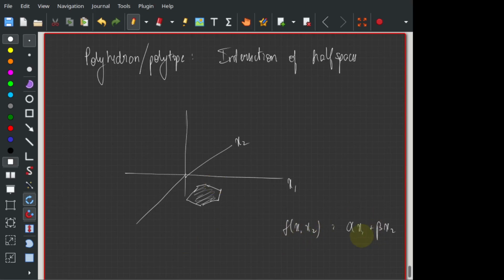Can the minimum ever be achieved in the interior of the set? Irrespective of what the constraints are, can the minimum of a linear function be achieved in the interior of any constraint set, or the relative interior of any constraint set?